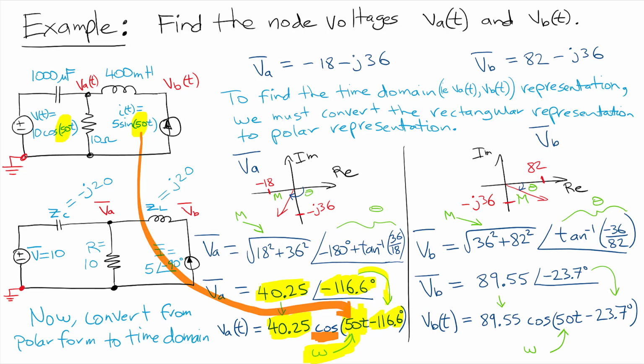That's that 50, where omega reappears in this calculation. We do the exact same thing for VB. The magnitude of the phasor comes down and becomes the multiplier of the cosine. The phase angle comes down and becomes the phase angle in the argument, so minus 23.7 degrees. And then 50 is omega.